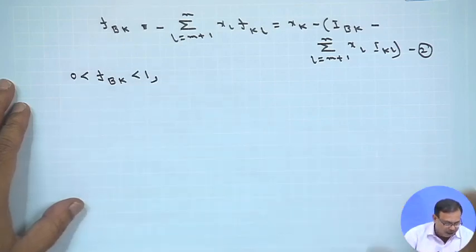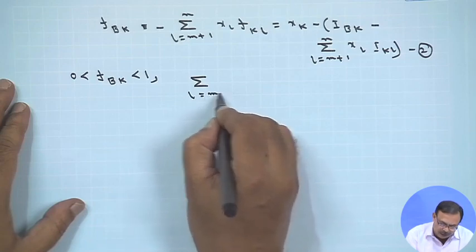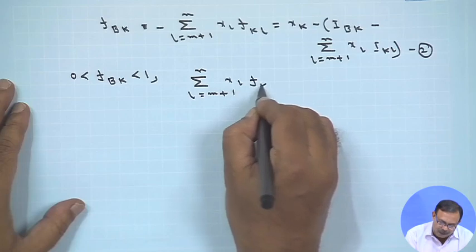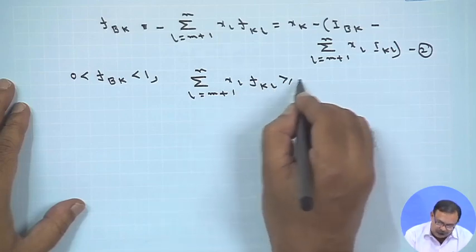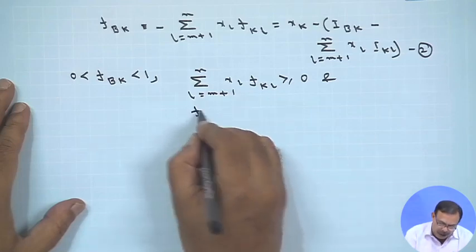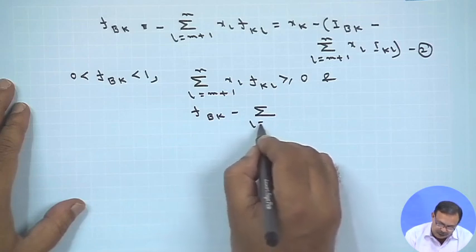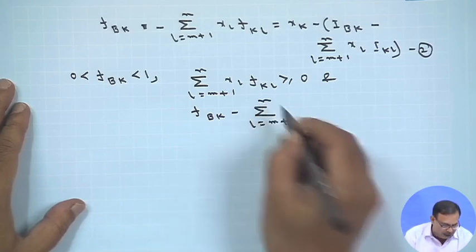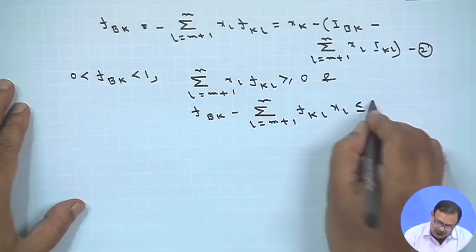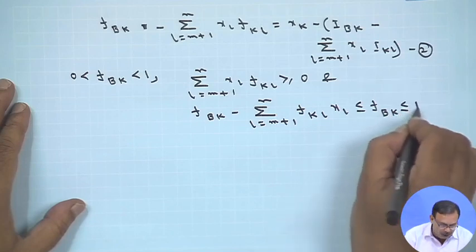0 and 1, you can write down summation L equals m plus 1 to n XL f of KL, this will be greater than or equal to 0, and FBK minus summation L equals m plus 1 to n f of KL XL is less than or equal to f of BK, less than or equal to 1.